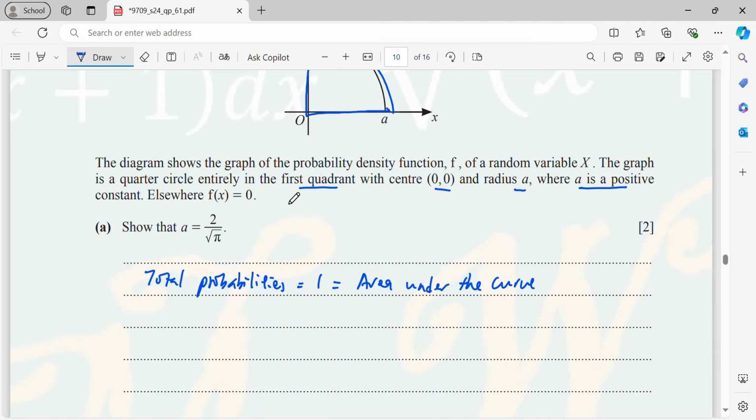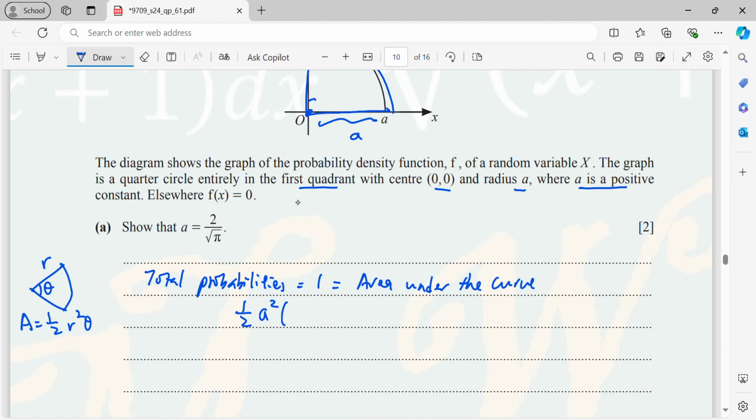If you still remember, whenever given a sector, this is the R, here is theta, and the area is half R squared theta. The R is my a, because the center is (0, 0) so the radius is a. So R squared is a squared.